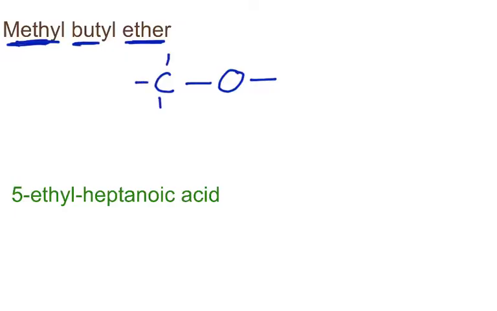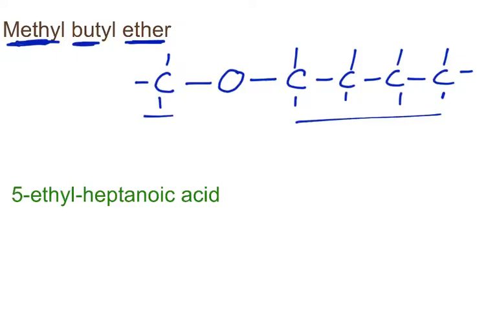Butyl represents 4, so we put 4 carbons here, 1, 2, 3, 4. You put your hydrogens in, and you're done. So that's methyl butyl ether. If you put the butyl on this side and the methyl on this side, it'll be correct also. So the nice thing about ethers, they're very, very simple to draw and to name.